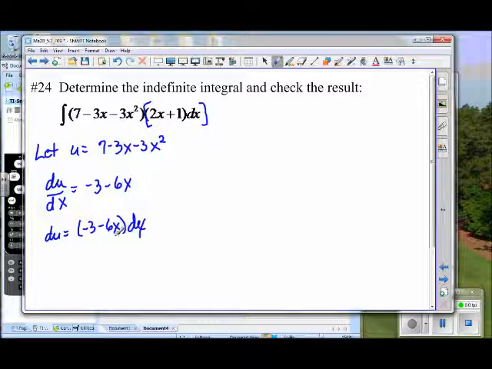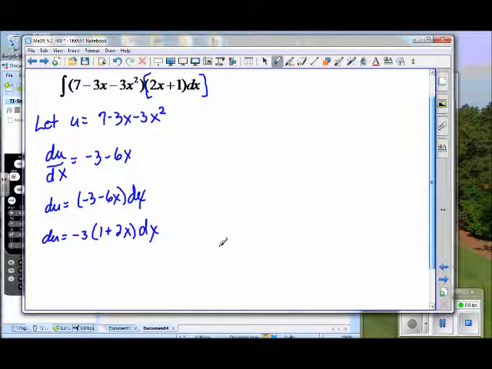So all we're going to do is factor out a negative 3. That would give me negative 3 times 1 plus 2x dx. And then if I multiply both sides of the equation by negative 1/3, I can turn these around if you'd rather see it that way: negative 1/3 du equals 2x plus 1 dx.